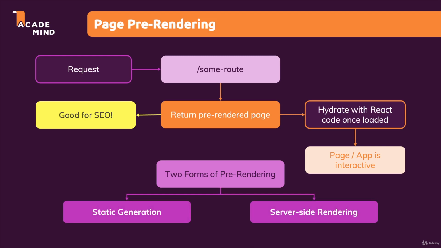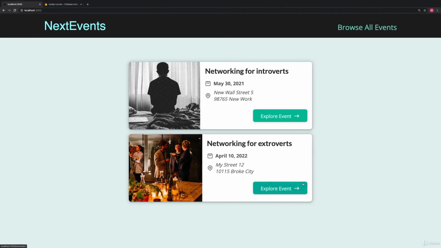Because the starting page, which we're looking at here, is a page which should be understood by search engine crawlers. It's important that they are able to understand our site and, well, direct traffic to our site. And as a visitor on this page, it would also be nice if we see something instantly.